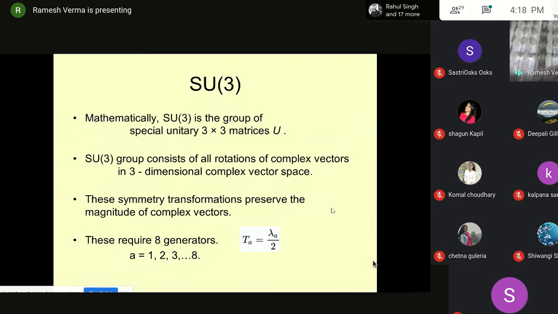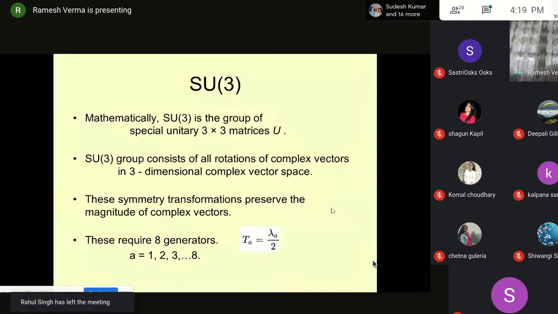The same thing is also true for SU(3). So first we are learning its mathematical description. Then we will see how it is being exploited. There are many places where SU(3) symmetry is used, not only in particle physics but also in other subjects like nuclear physics.